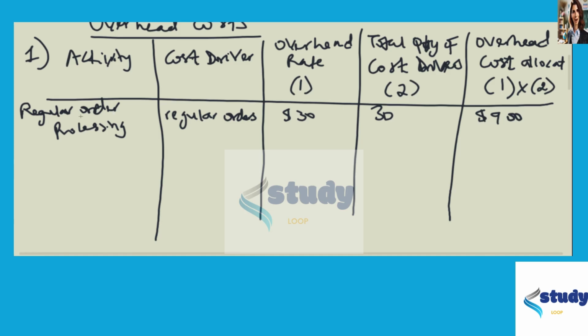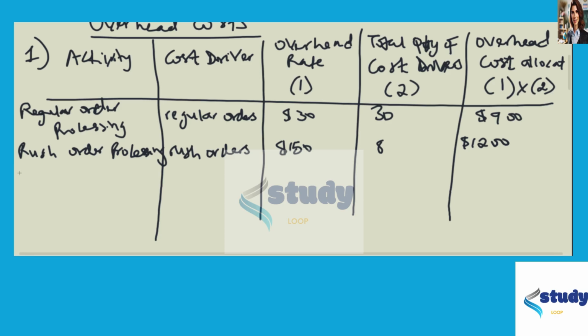The rush order processing, and the cost driver will be rush orders. And the overhead rate is $150. The total quantity is 8, and the multiplication will be 1,200.